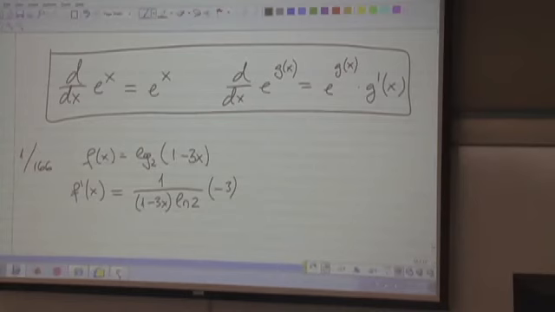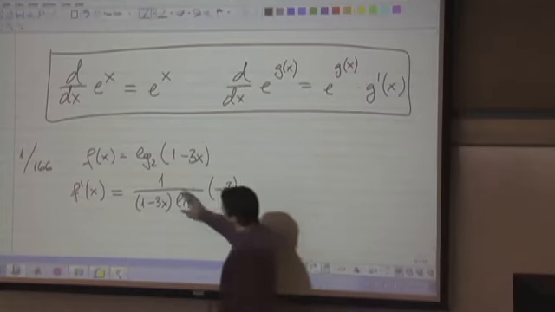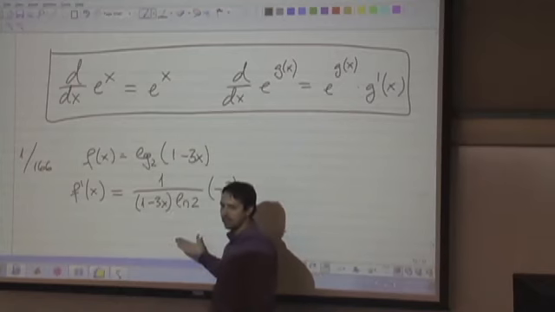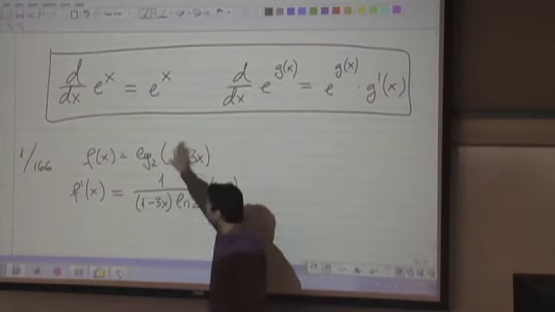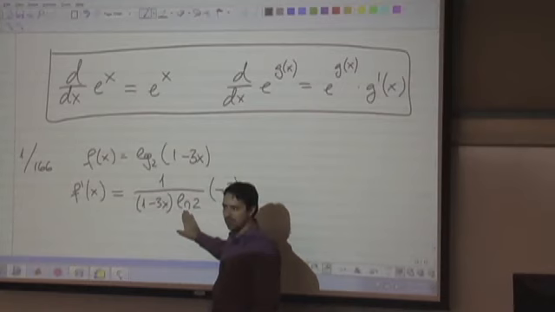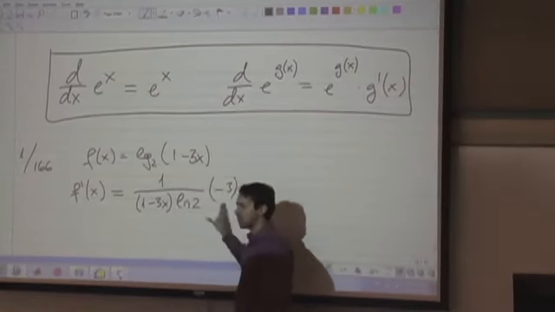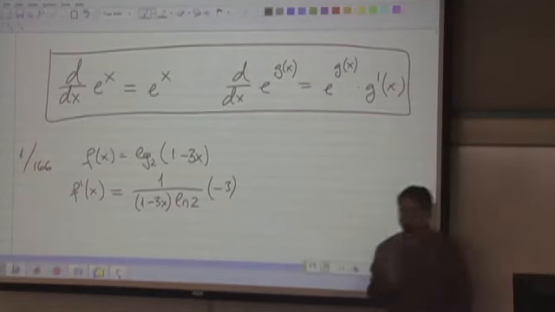Does this make sense? Again, the idea is the derivative of log base a of x is 1 over x times ln of a. So I have 1 over whatever this was times ln of a. And then I have to have times the derivative of the stuff. So I end up times negative 3.